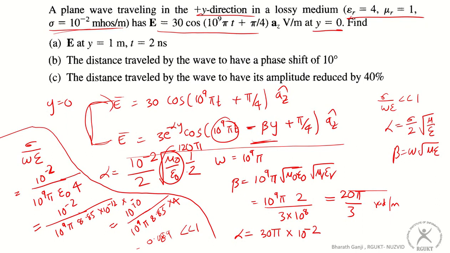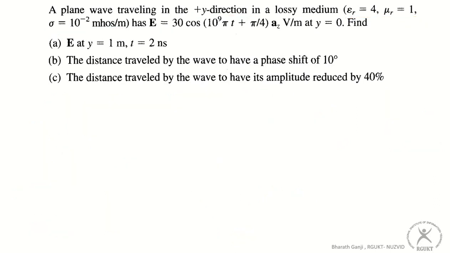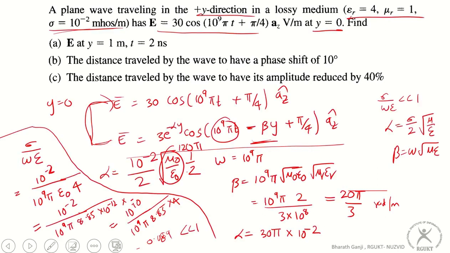So now we have the electric field expression. We have alpha here, we have beta here, we can substitute these things and get the general expression for electric field. The question asks for electric field at 1 meter and 2 nanoseconds.